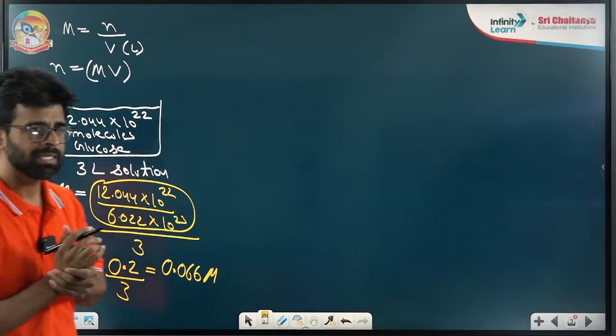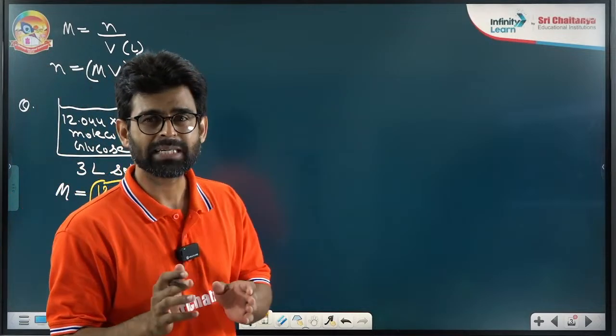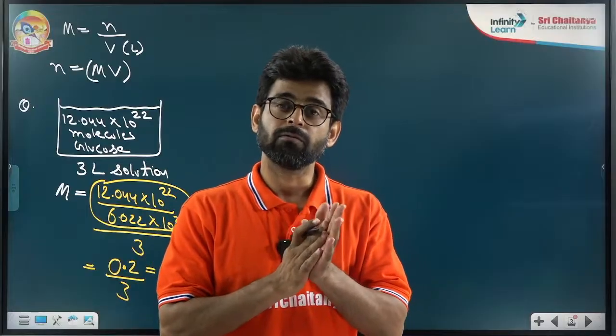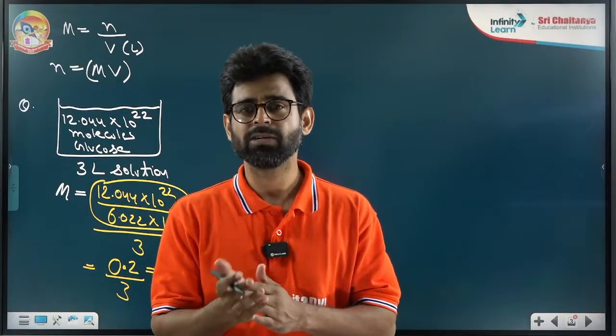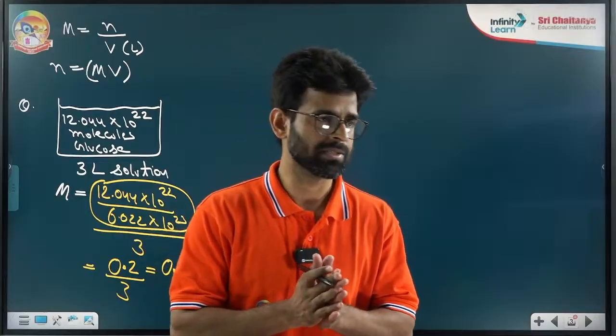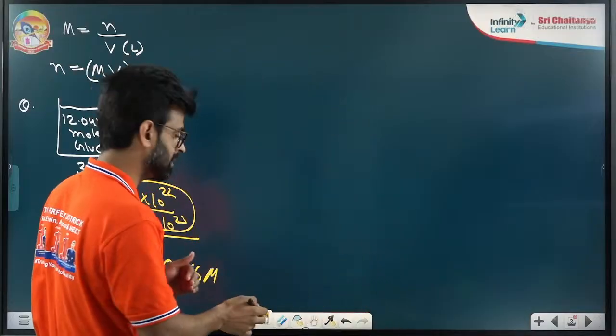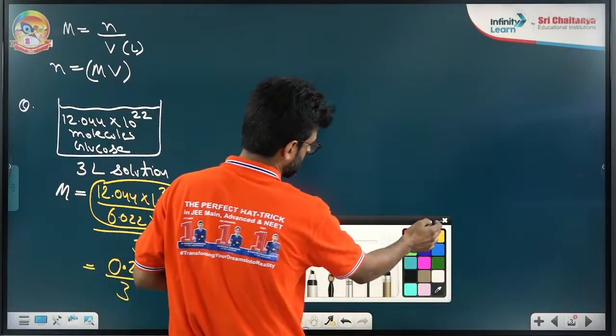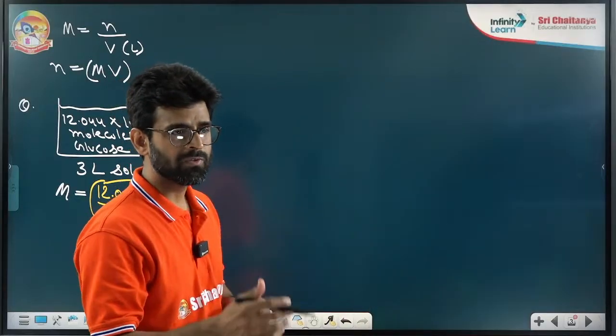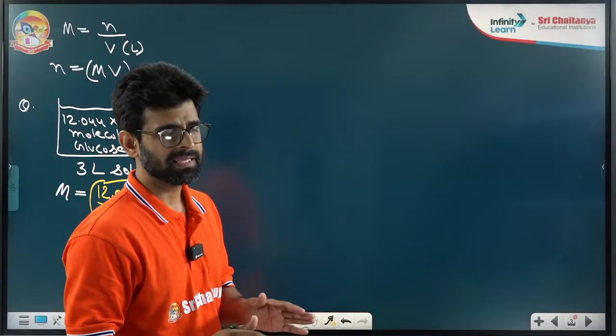Now we will see the relation of molarity with the weight by weight percentage, and weight by volume percentage. First, I am giving you a simple question. We will solve it by the normal method, then I will give you a shortcut.